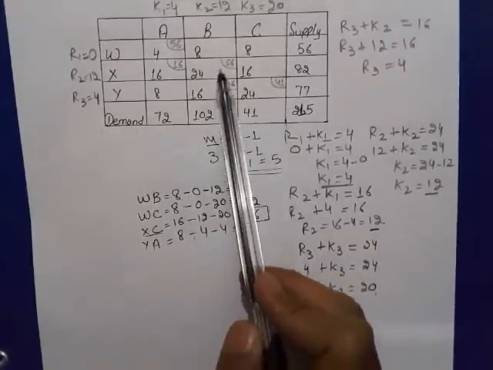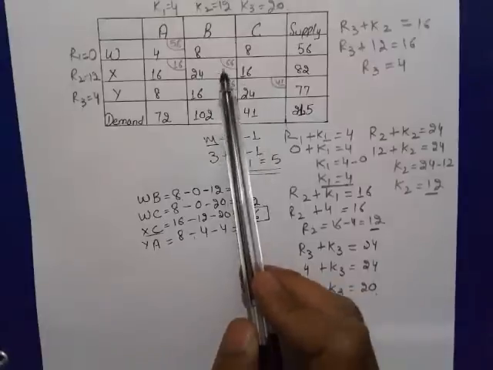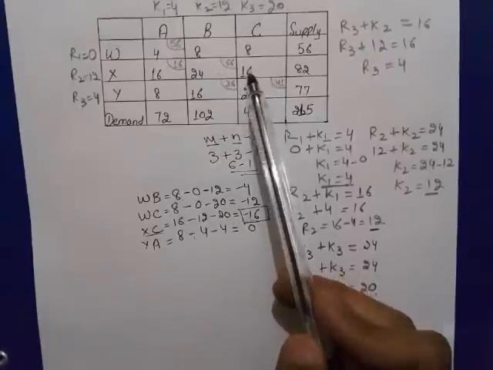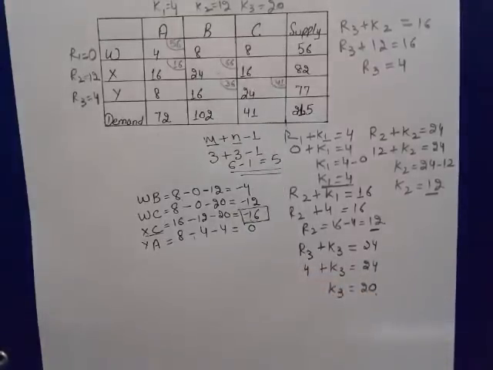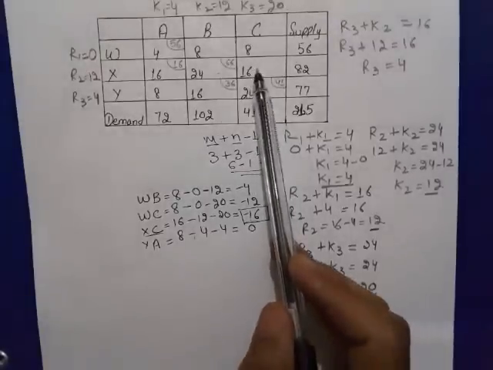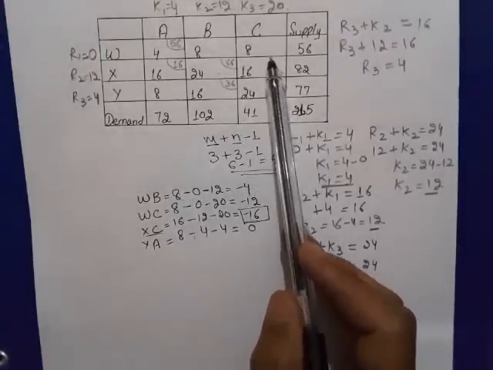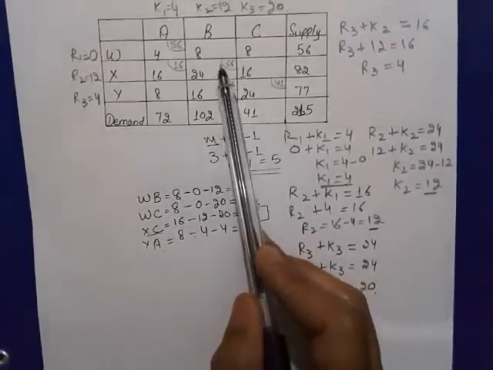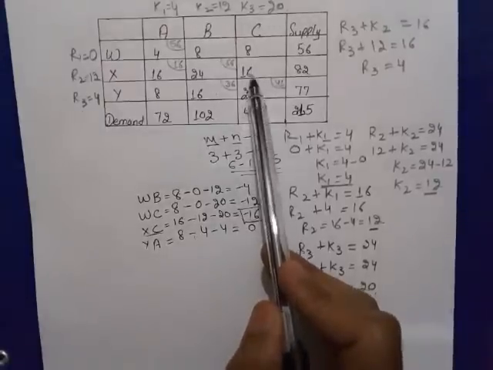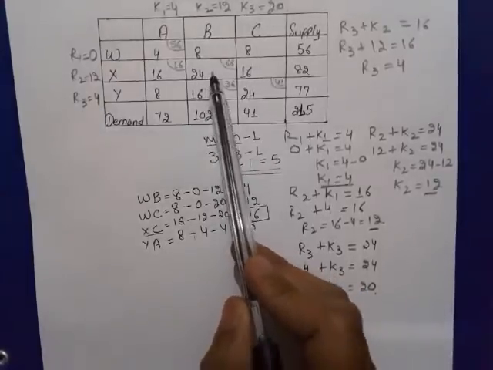We have to make the loop in this 16. We can only make the loop between the occupied cells. This is the unoccupied cell. This can make the loop in this way: 16, 24, 16, 24.